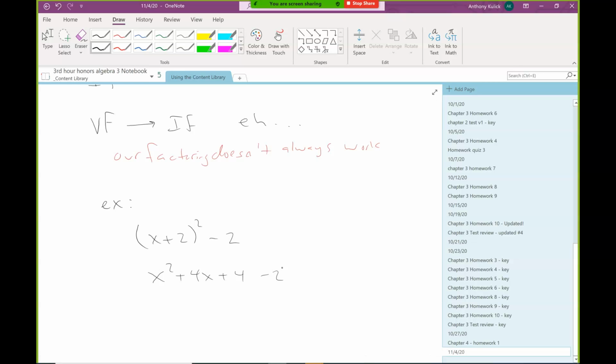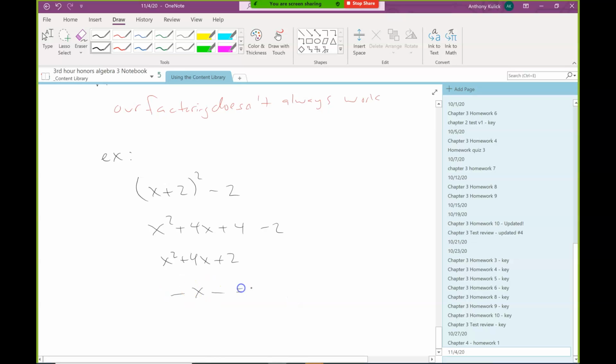I'm not trying to do anything magical. I'm just piggybacking off work that we did in the previous problem. We're all okay with that? Okay. And if I subtract I have this. But if I look for two numbers that multiply to give me 2 and add to give me 4, no two integers do this. So we don't have a way to factor this using the methods we've currently presented.